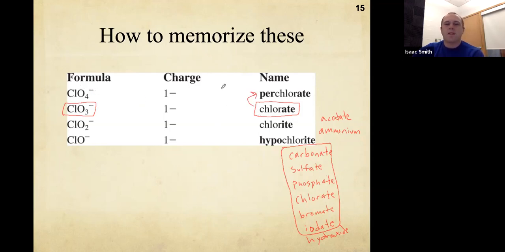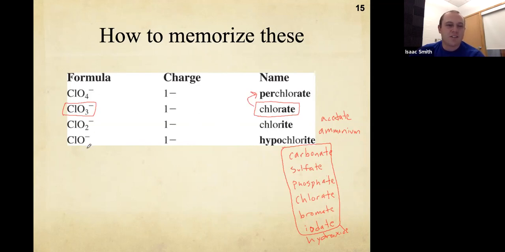If you lose an oxygen, you go down to chlorite. If you lose 2 oxygens from chlorate, you go down to hypochlorite. Hypo is under, right? Perchlorate would be like hyperchlorate, but they just say perchlorate. Then you have the -ites at the bottom and the -ates over here at the top.